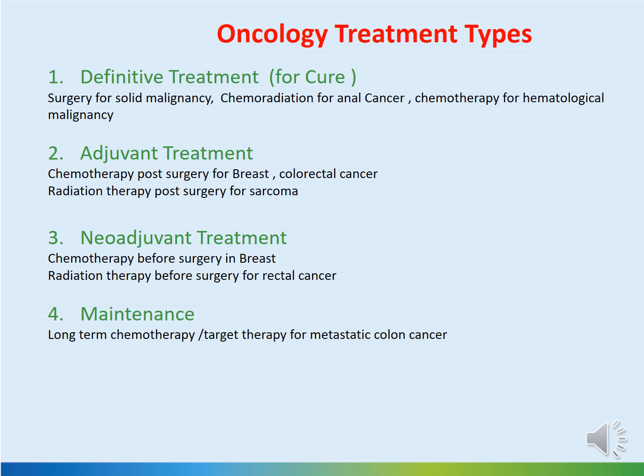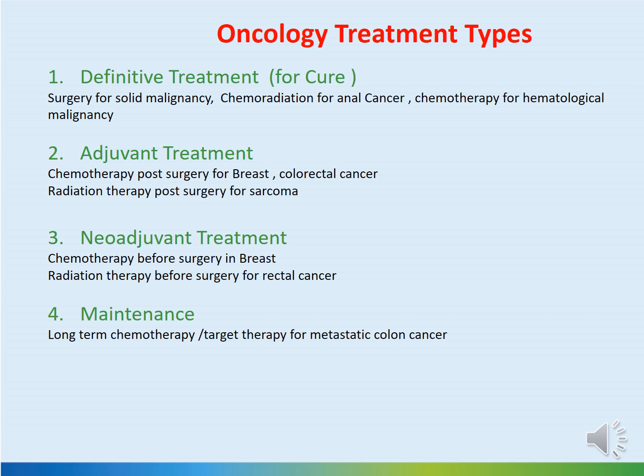When we give the treatment before the main treatment, it is called neoadjuvant treatment. That means we start with some types of treatment like chemotherapy or radiation therapy, but not as a definitive treatment, just to prepare the patient or the cancer, to achieve some shrinking in size, or to help the main treatment give better results.